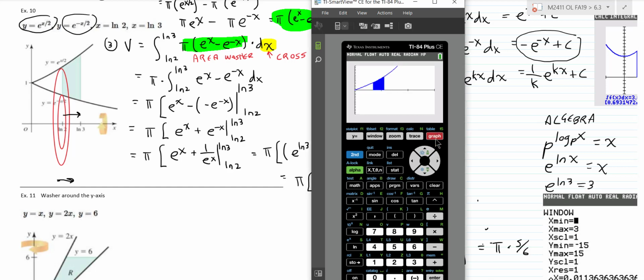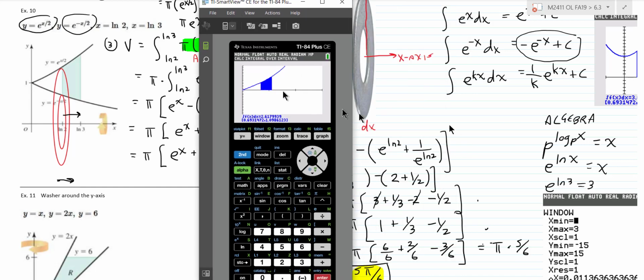Graphed it. Okay. Second trace, option 7. Lower limit is ln2. Upper limit is ln3. Just put it in like that. That gives 2.6.